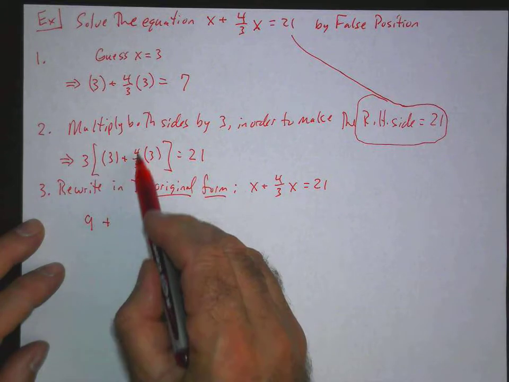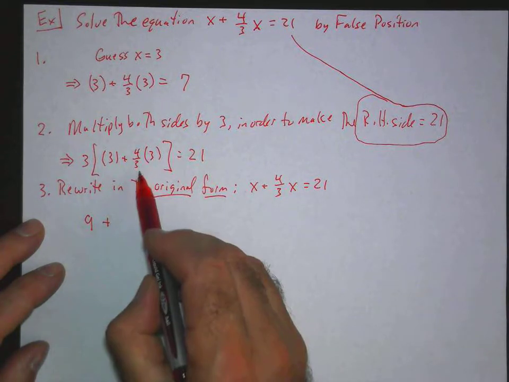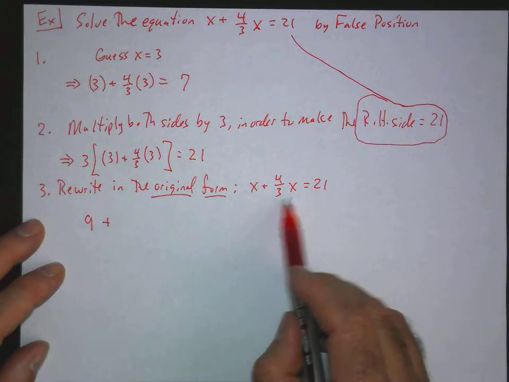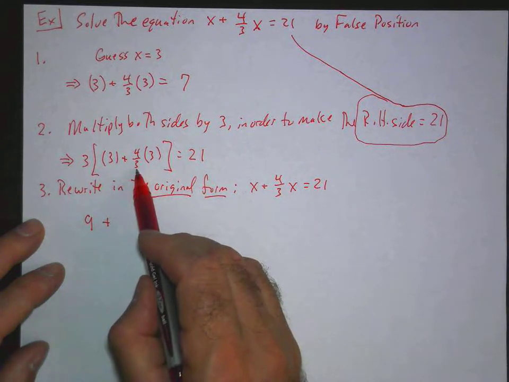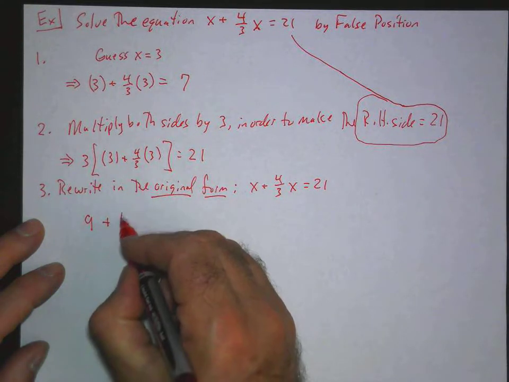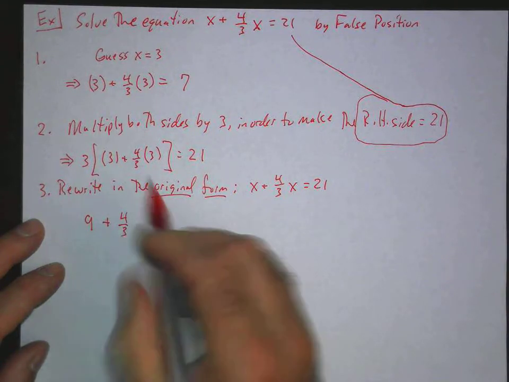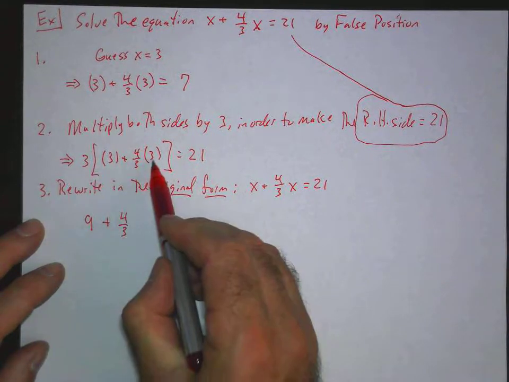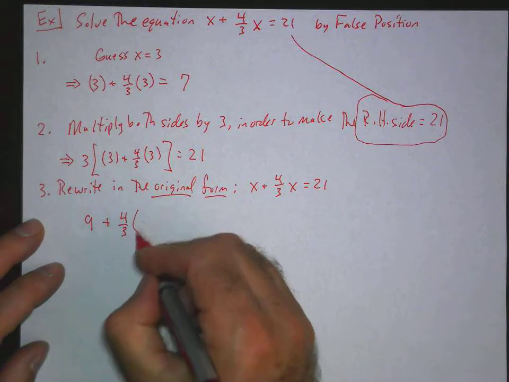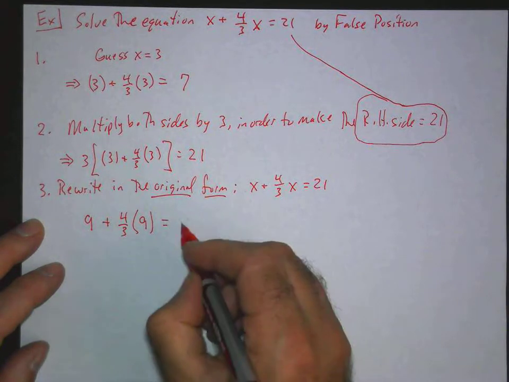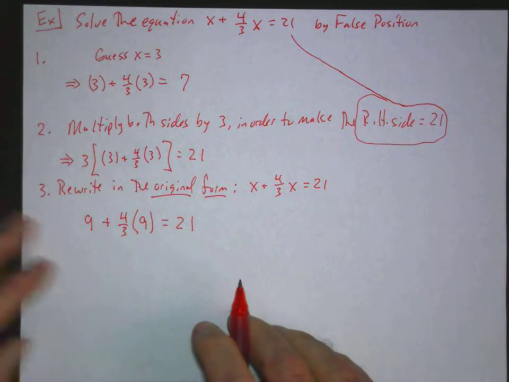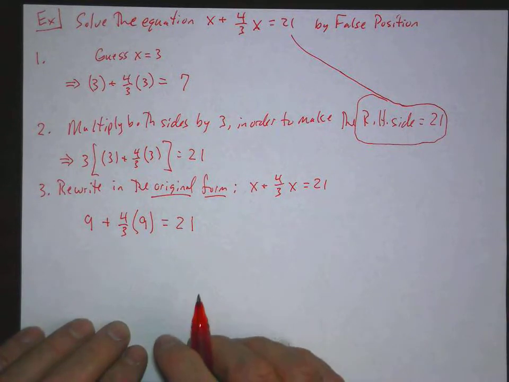And 3 times 4/3 times 3, you know what? To make the equation fit the original form, I'll leave this 4/3 unaltered. And I'll distribute this 3 to what's in the parentheses. Okay, now that fits the original form.